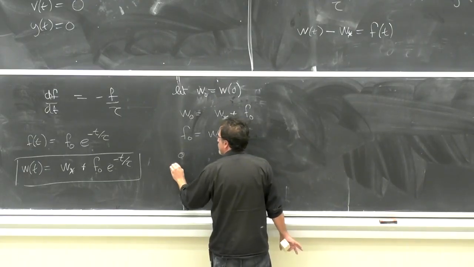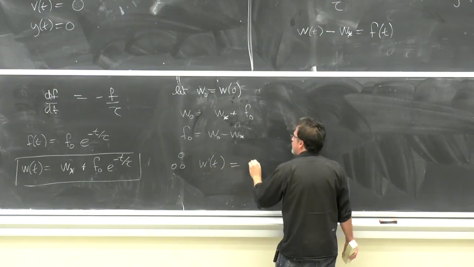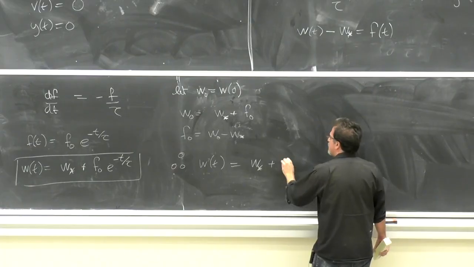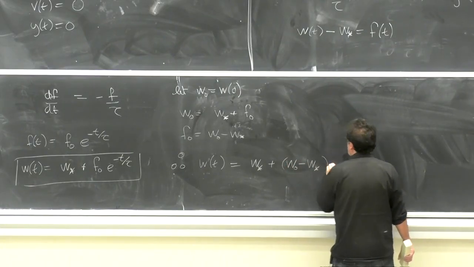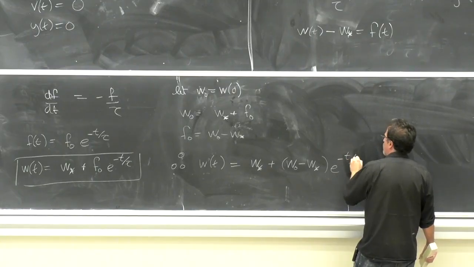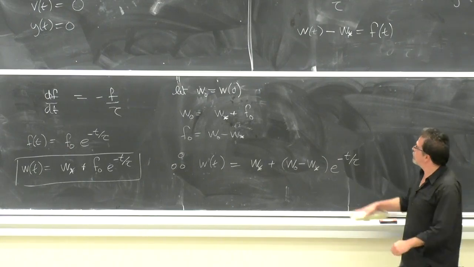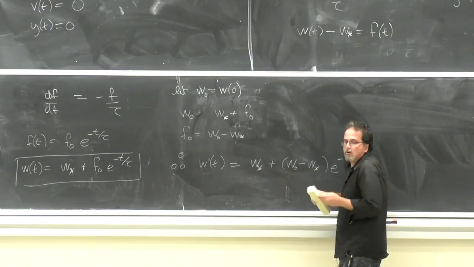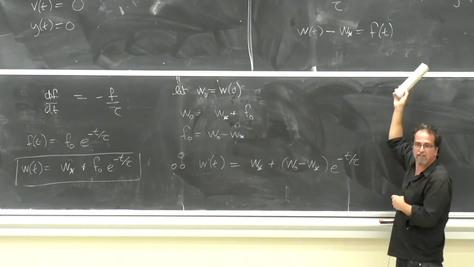Therefore, w of t is equal to this special velocity, w star, plus the initial velocity minus w star times the exponential e to the minus t over tau. Is that okay? w0 is the initial speed that I throw it up and down. w star is something that I haven't told you about yet. I've just kind of, well, I've told you it's that, okay?